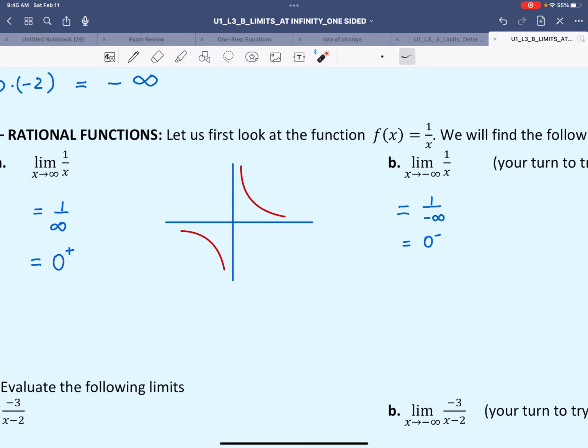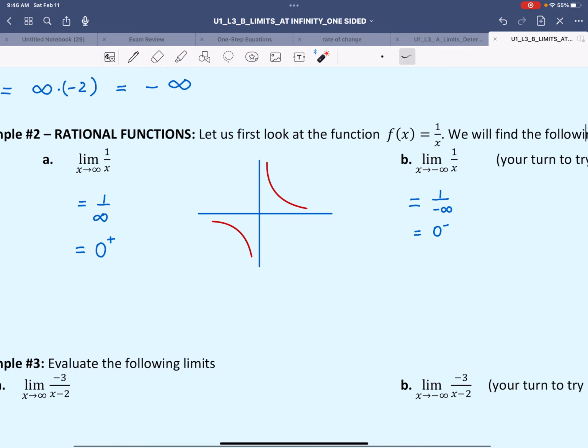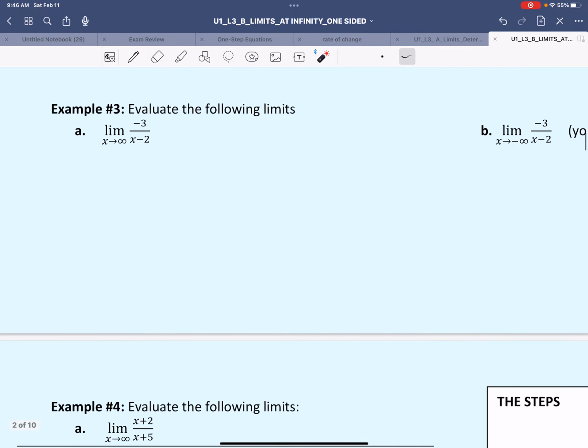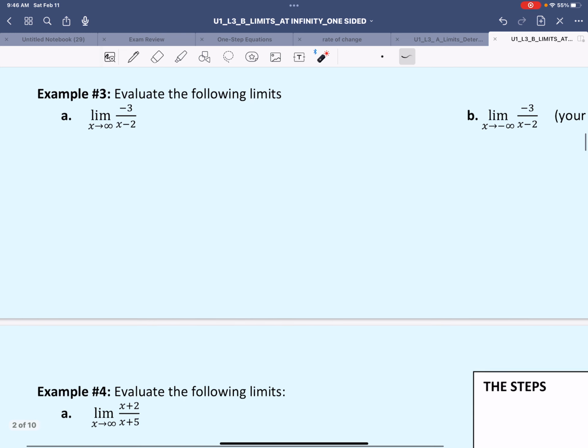And as x approaches negative infinity, the y values will get very close to the x-axis, where the y values are 0. The graph will get very close to the x-axis, and it will be below the x-axis, which means the values of y will be less than 0, so 0 minus in the negatives.